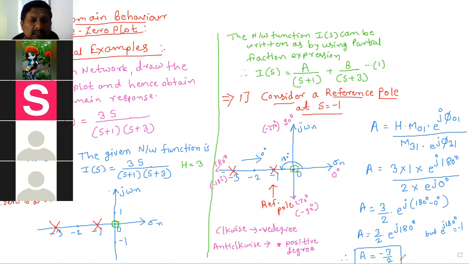So read all these points. I will give 1 minute for you people. Each and every point you can observe and read it. Try to understand. If not understood any point, you can ask.